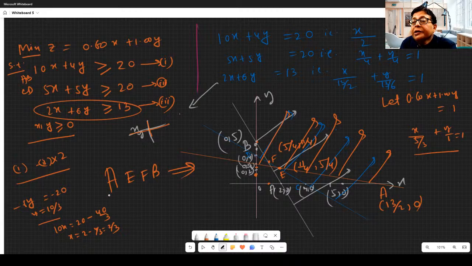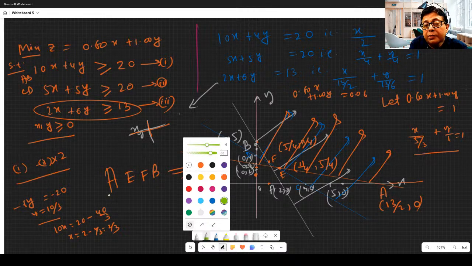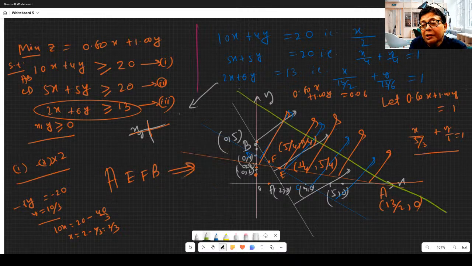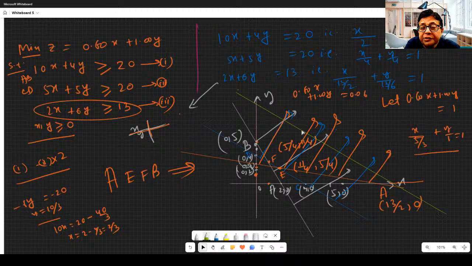Or, if we have taken a large right-hand side, suppose the line 0.6x plus y, we have taken a value 0.06, say. Then if you plot this line, it will be a line like this. Now this line will be shifting parallel towards the origin. Where it intersects, that will be the minimum most value.